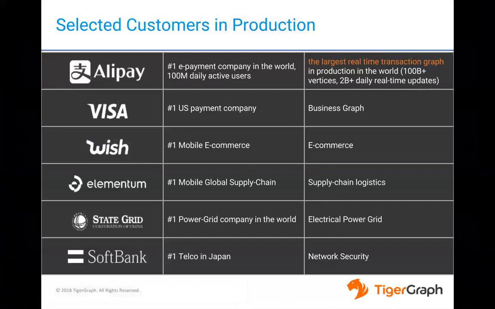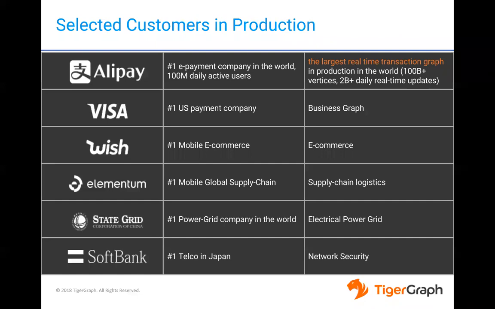I believe they use 20 servers to support their system. And I believe that includes HA, so having replicas. So some of the servers are used to replicate the data.